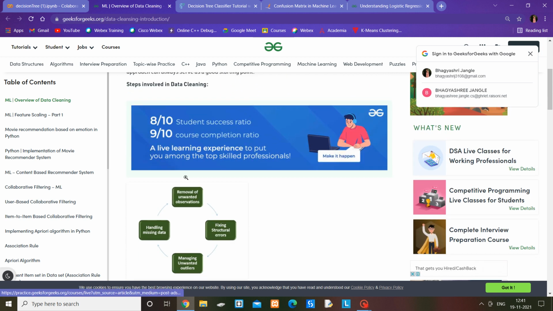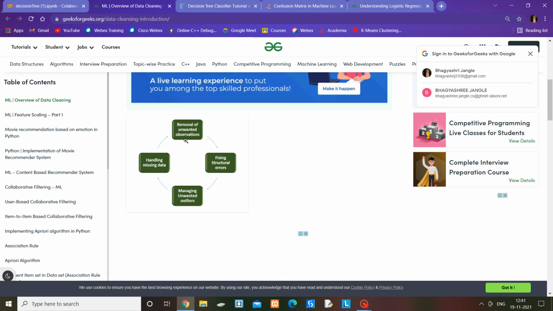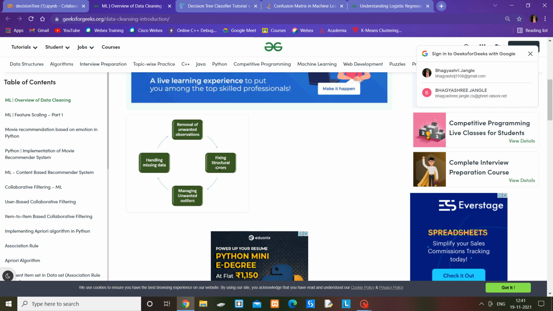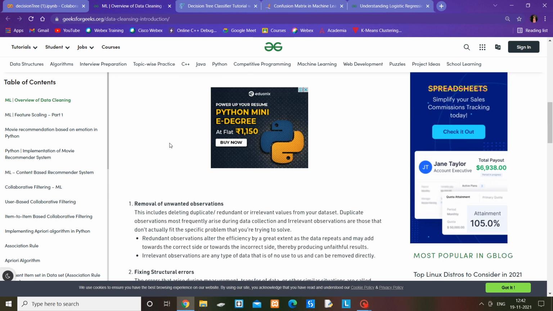There are some steps involved in data cleaning. First is removing unwanted observations that are not required. Then fix the structural errors, the errors which occur in our program. Third is managing the unwanted outliers, and then handling the missing data.